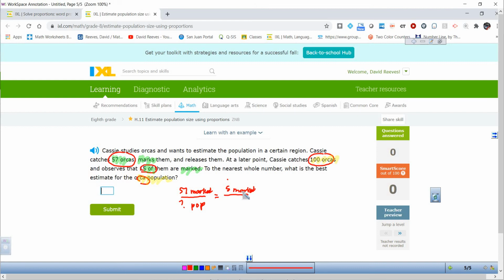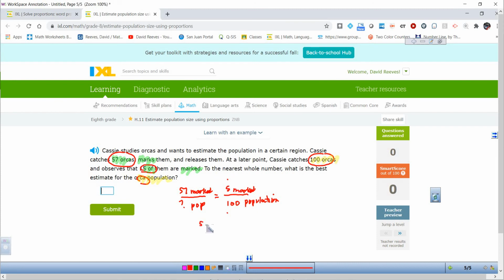But here, all right, she caught 100. So there was a population of 100 and 5 were marked. All right, so are you with me? So that 57, they just randomly marked them out of a population of we don't know. But then when they actually gathered a sample of 100, 5 of them were marked.